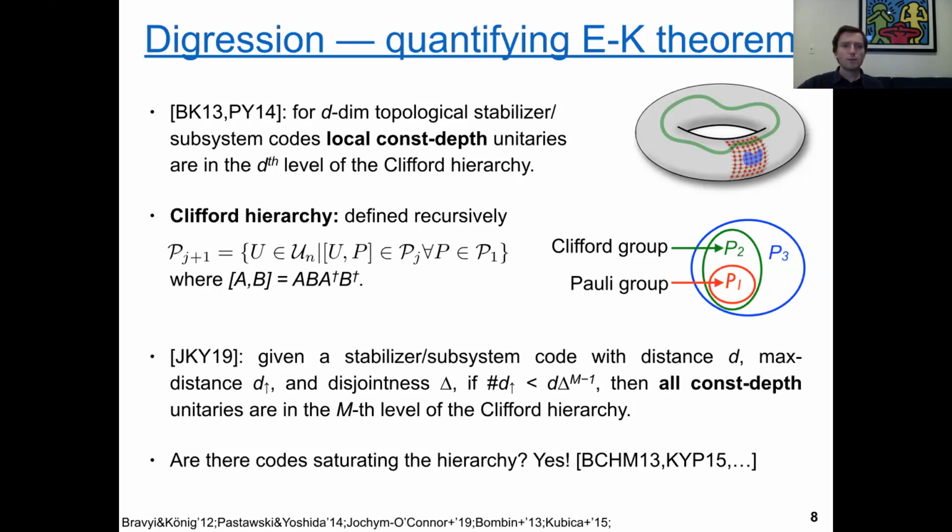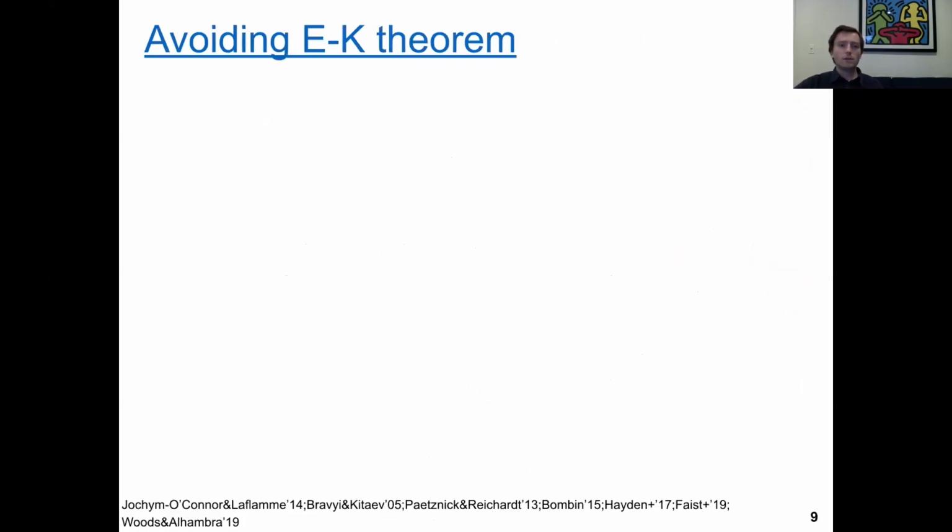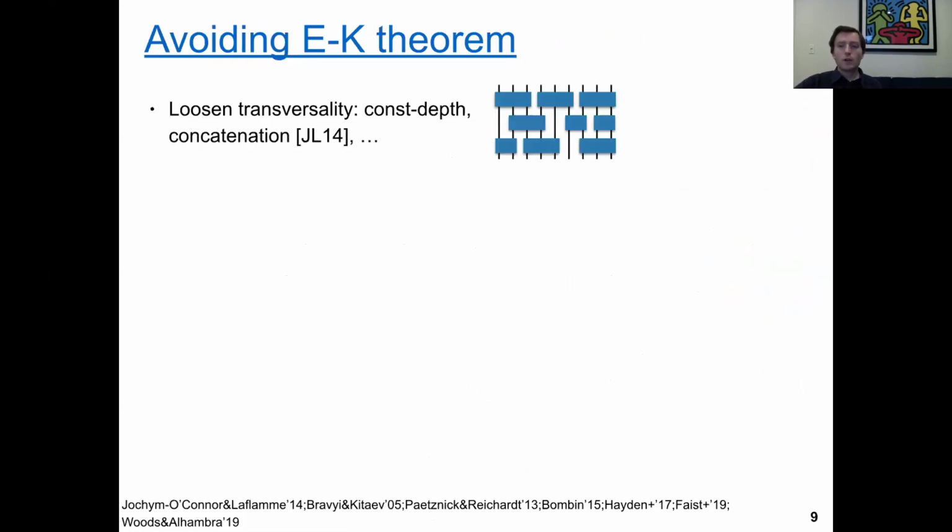Okay, so this slide was a bit of a digression, but I thought it may be important to explain the context of the Eastin-Knill theorem. Now one can start thinking about how to avoid the Eastin-Knill theorem, and indeed there have been many works on how one can circumvent that no-go theorem. There are many possible ways.